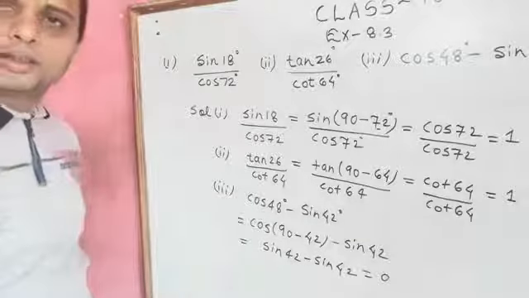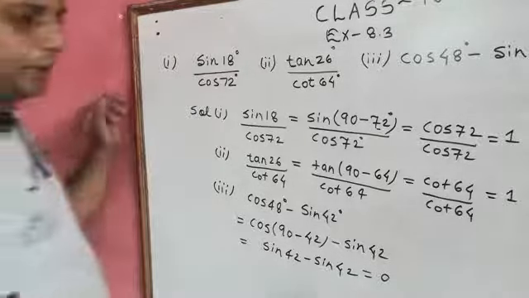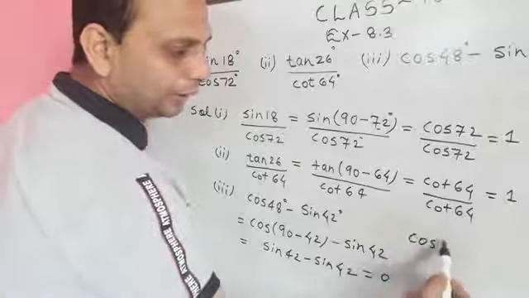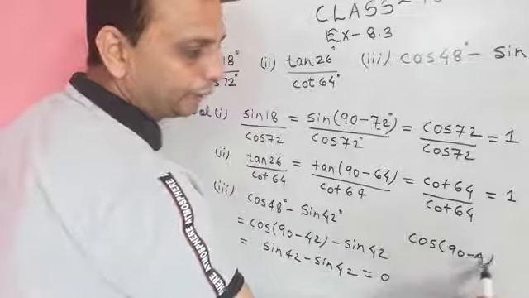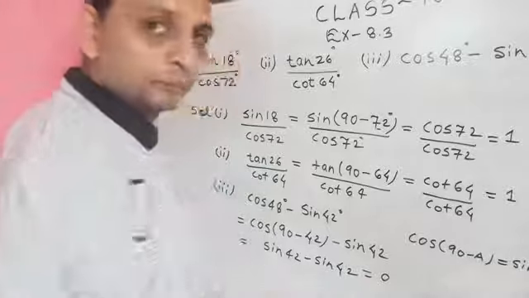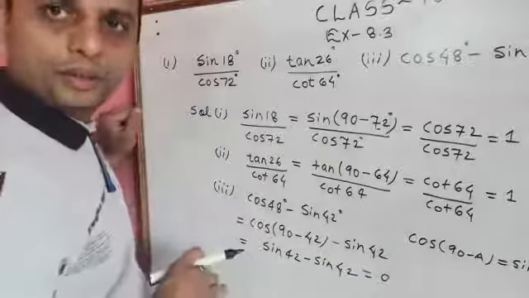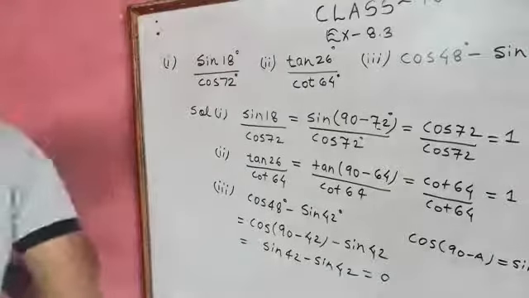Zero is the answer. Here you can write that cos(90 minus angle A) equals sin A. Using this relation, we solved question number 3. Now we see question number 4.